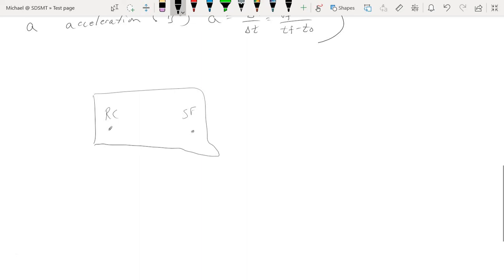Well, those are times. They're not displacements. They're not distances. Obviously, the time that it takes you to drive from one location to another is going to vary based on how fast you're driving. But the physical displacement between the two cities is fixed.